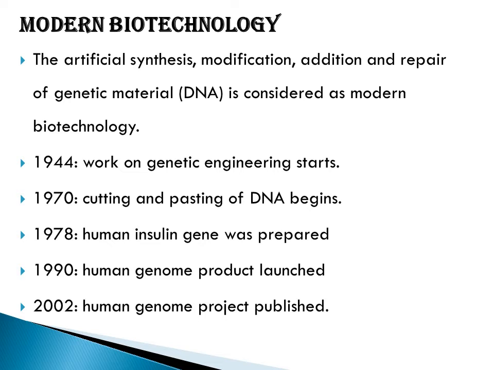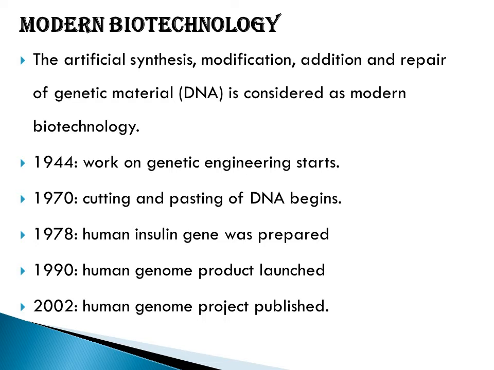In 1990, the Human Genome Project was launched. Genome means the genetic material. As we all know, humans have 46 chromosomes. Which chromosome has which type of gene, and which gene is located on which chromosome? All this study started in 1990 and was completed in 2002.